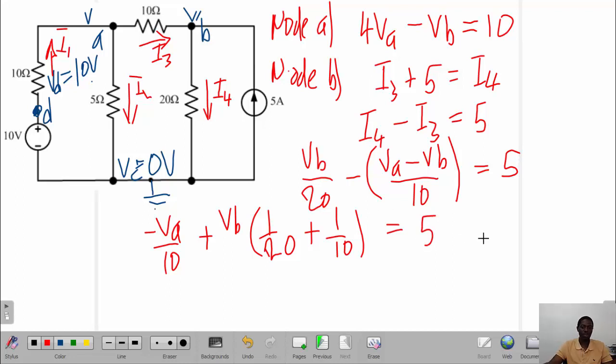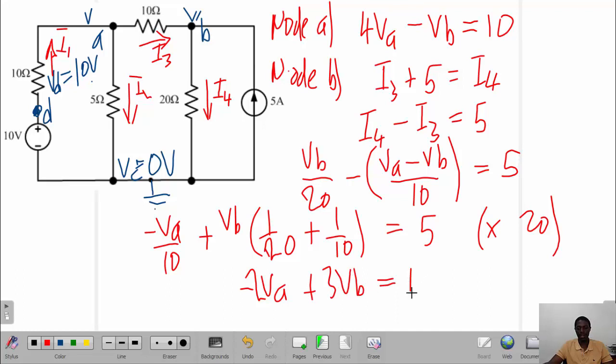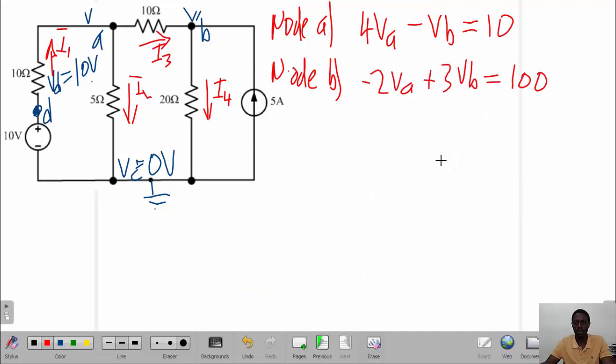When we expand and multiply by 20, we simply get minus 2 VA plus 3 VB equal to 100. So that is the equation we obtain for node B, and the other is for node A.